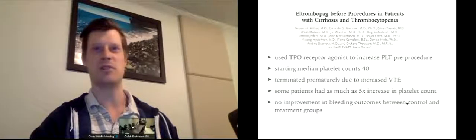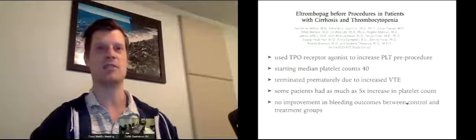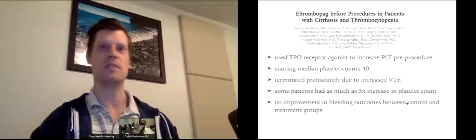These have been approved by the FDA in the States but aren't available in Canada, and they are fraught with quite a few complications. In this study, both the control and the treatment groups started with a median platelet count of 40. The study was prematurely terminated due to a significantly increased incidence of thromboembolic events in the treatment group.